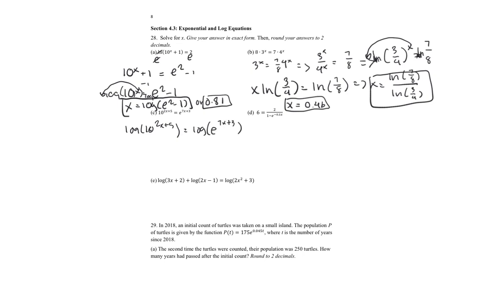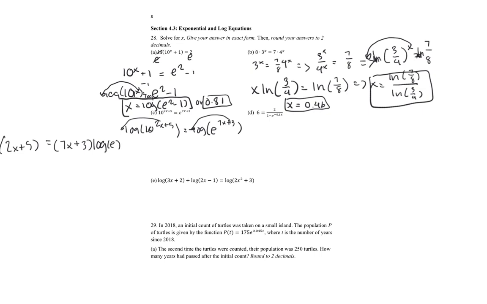All right, and so since these are exponents, we can bring them out. And so that's going to be, I'm going to write this over here, 2x plus 5 times log base 10, which is just 1, so that's just going to be 2x plus 5. That's going to be equal to 7x plus 3 times log of e.